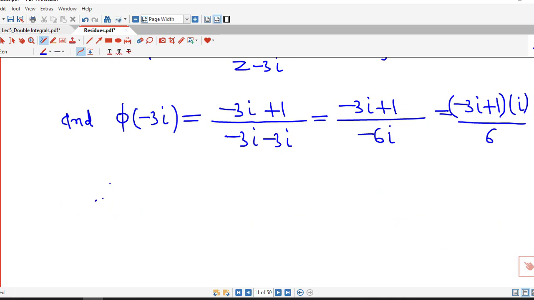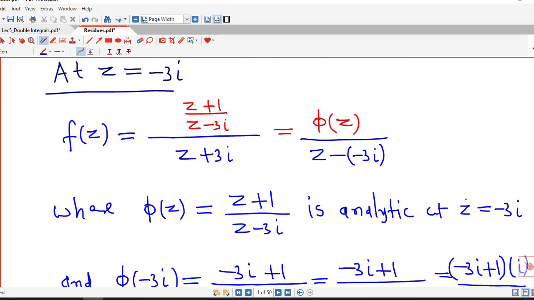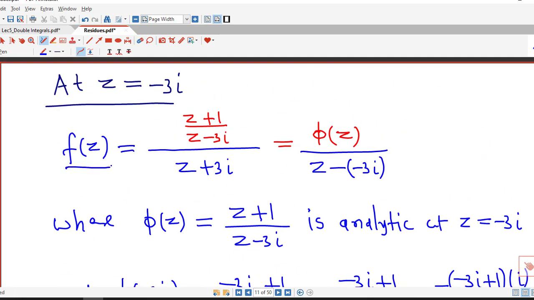Therefore the value of function phi at minus 3i is going to be minus 3i square plus i divided by 6, and if we put i square equal to minus 1, we have 3 plus i divided by 6, which is non-zero.